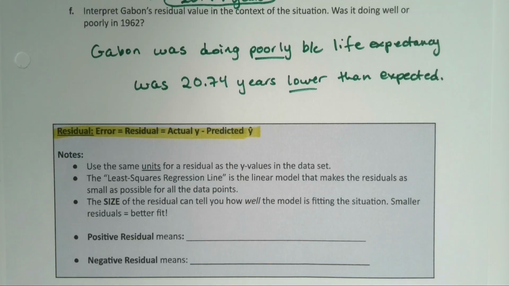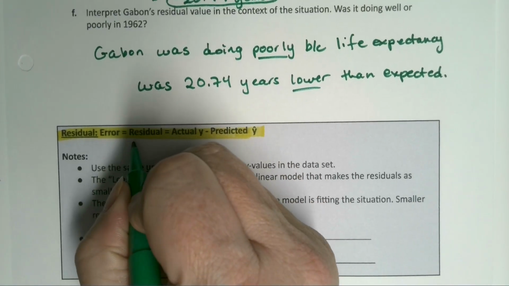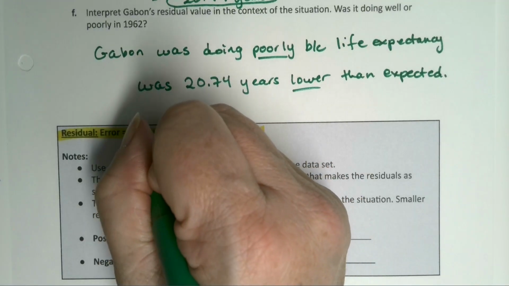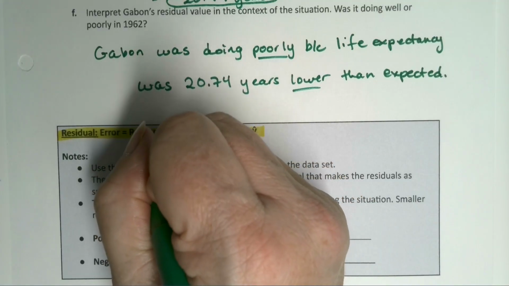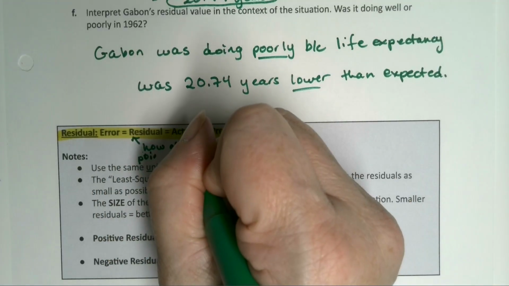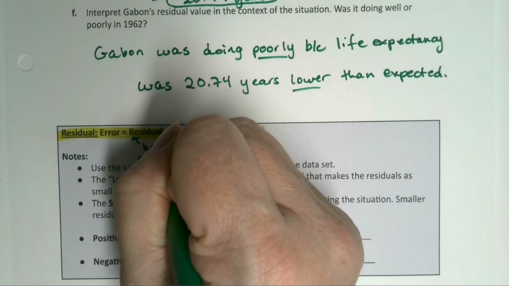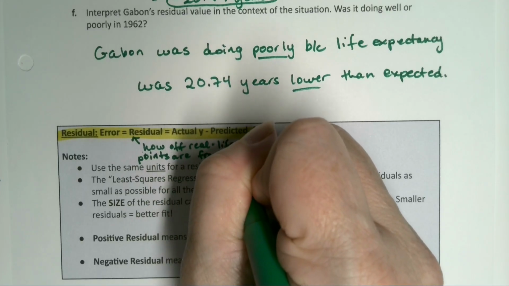Okay, so let's think about residuals a little bit more here. The residual is how off the points are from the line. That's all it is, right? It's how off the real life points are from the line. The line is the prediction, right?